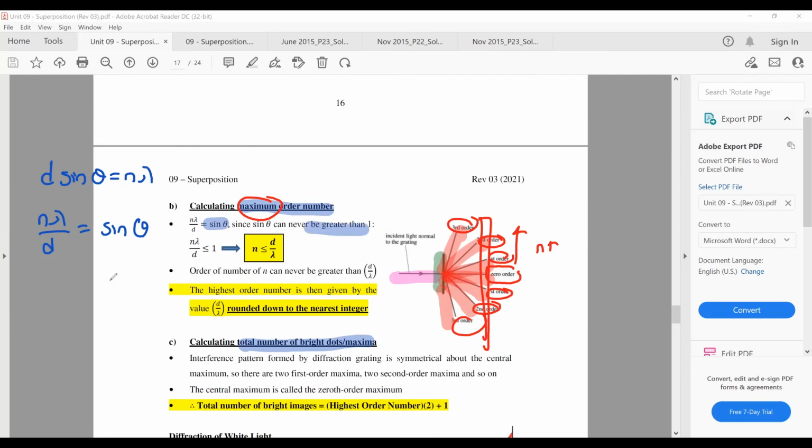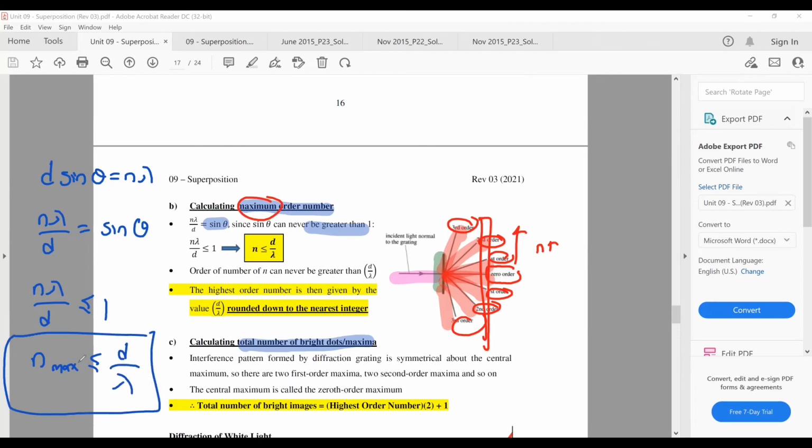The maximum value of sine theta is just 1. It will never be greater than 1. So this equation becomes like this. Okay? Because sine theta cannot be more than 1, the equation becomes this: n lambda over d less than or equal to 1. So n max is actually going to be d divided by lambda.